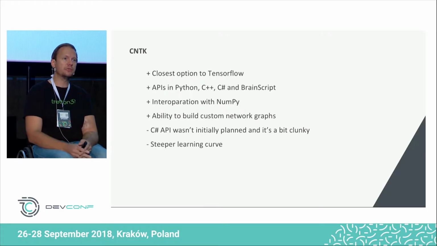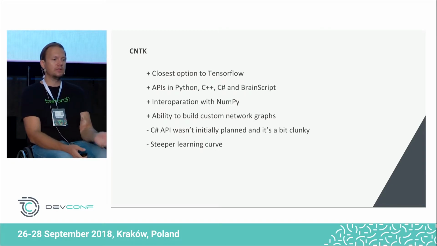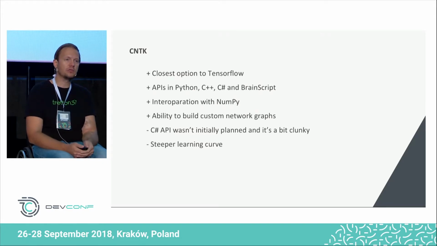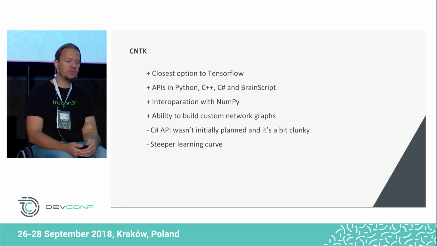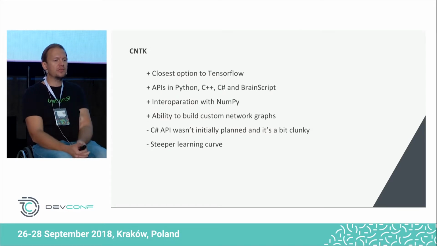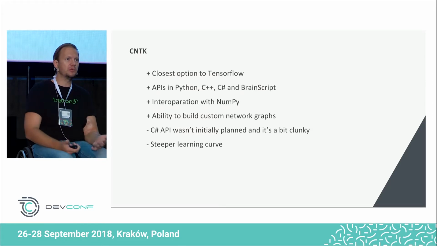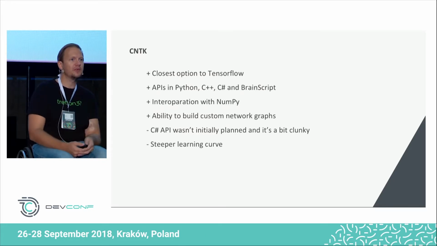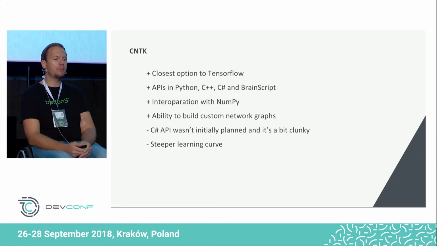All right, let's look at Microsoft Cognitive Toolkit, which is also called CNTK, and CNTK is probably the closest option to TensorFlow. It is the kind of library where you build your computational graph, and then you can run this graph to infer the data and so on. It has APIs in Python, C++ and BrainScript, and for a very long time it didn't have a C# API, which was very annoying for the .NET community because it was a Microsoft product that was targeting mostly Python because it was very well interoperated with NumPy.